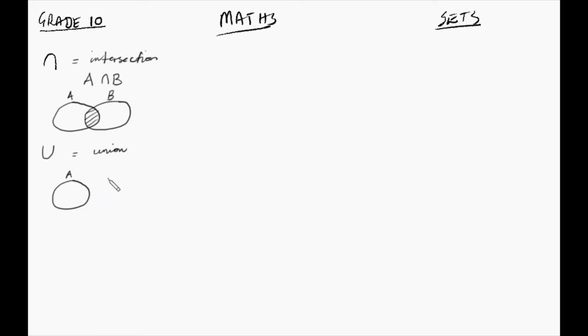Say we have, let's make them still overlapping, it doesn't matter. Then for the union, we talk of elements in this whole region. That's the union of the sets. That means all the elements which appear in either set, all of them.